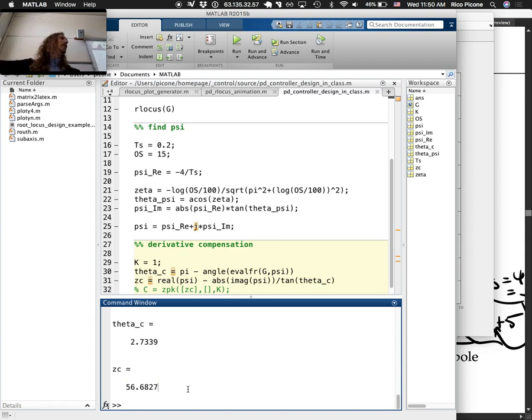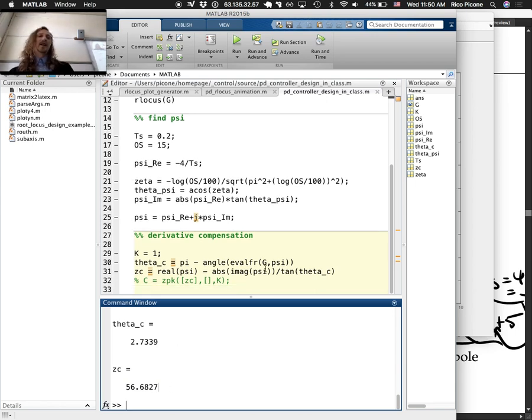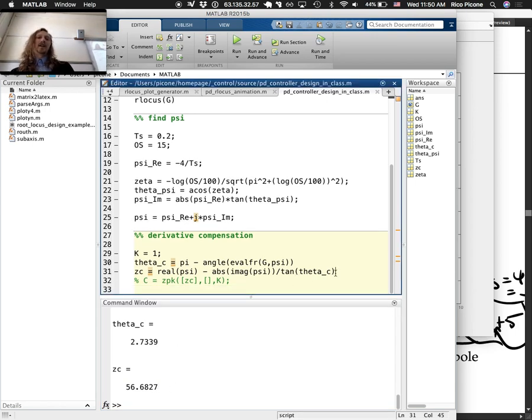It has to be way over there, which is kind of odd, but is actually the case.